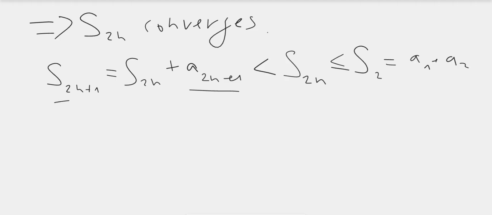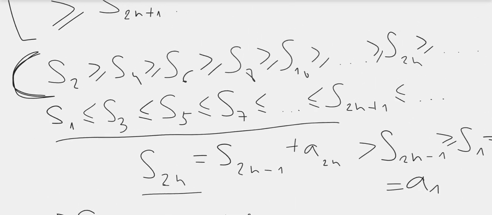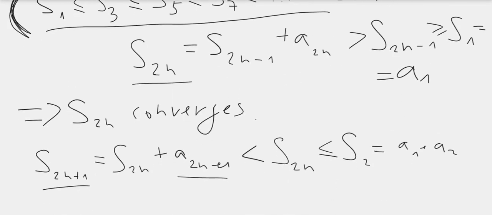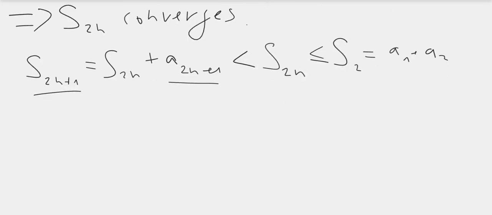So again, we see that the odd partial sums are bounded from above, and they increase. So it's an increasing sequence that is bounded from above, therefore it converges.